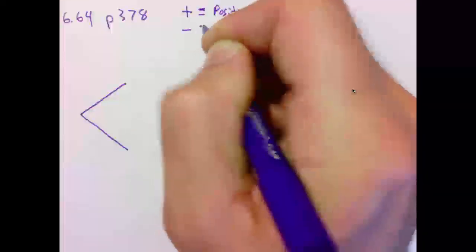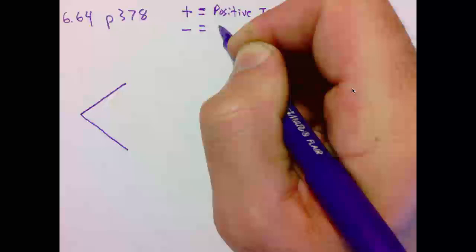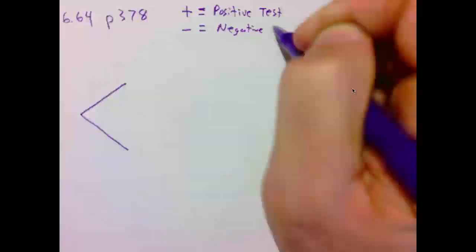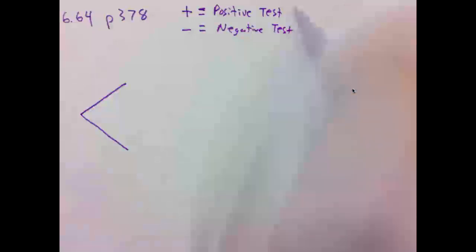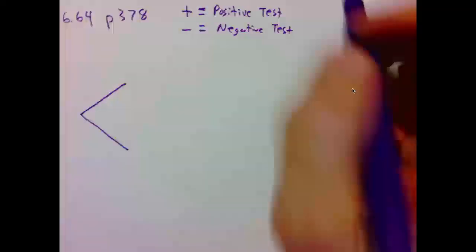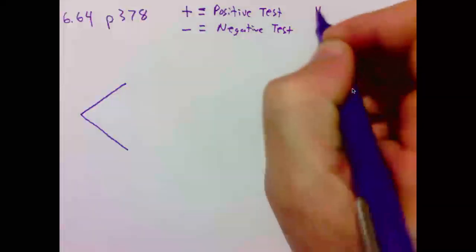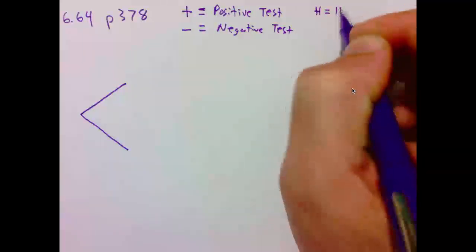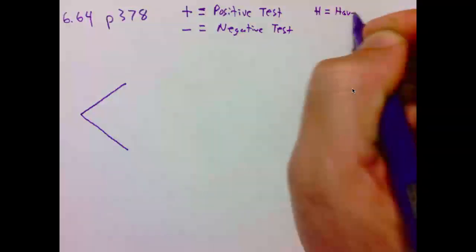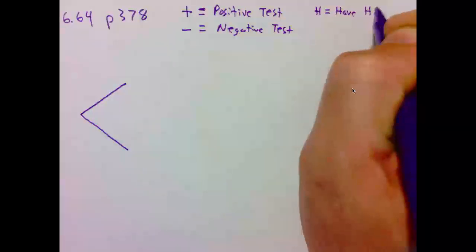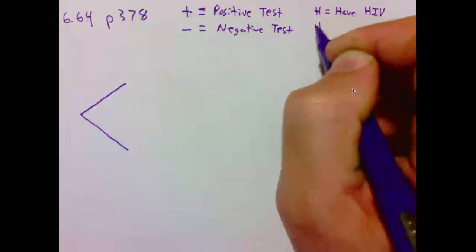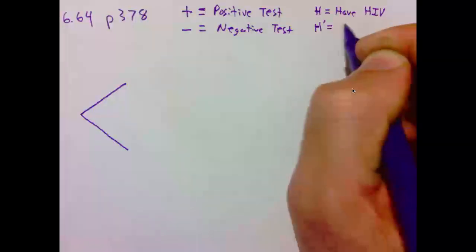Negative will be a negative test. Okay. Also, I will define H to be you have HIV. And H prime will be not having HIV.